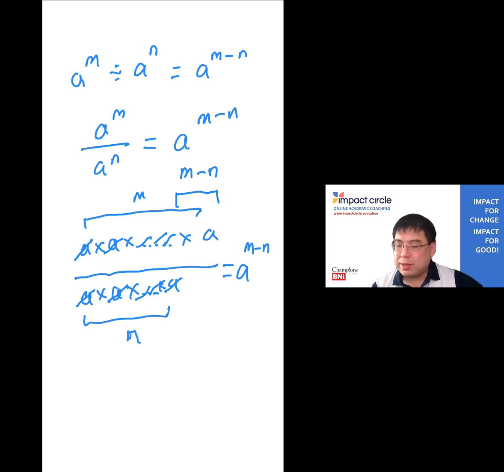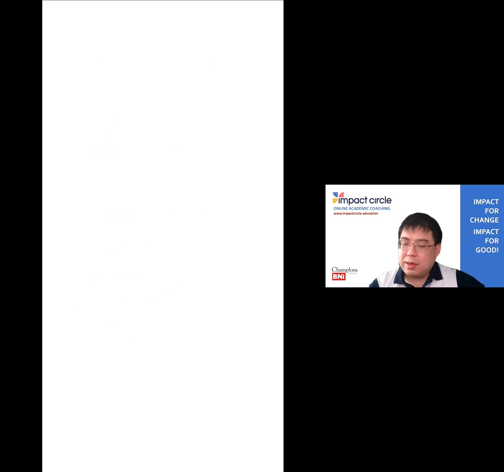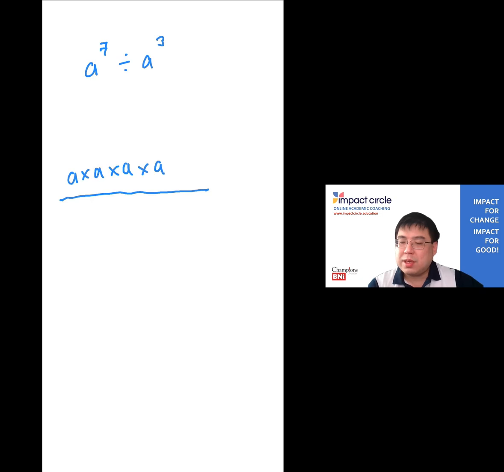Right? Let's look at a specific example now. Let's assume you have a to the power of 7 divided by a to the power of 3. Right? So you have a fraction where on top you have a times a times a times a times a times a times a, 7 copies on top.